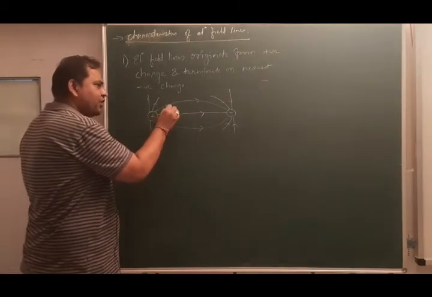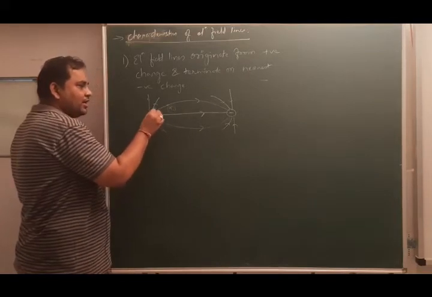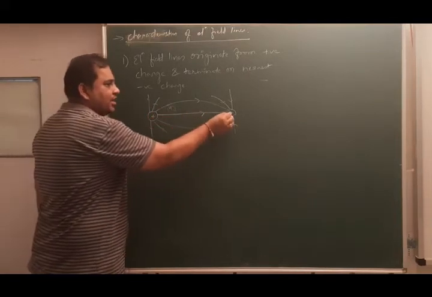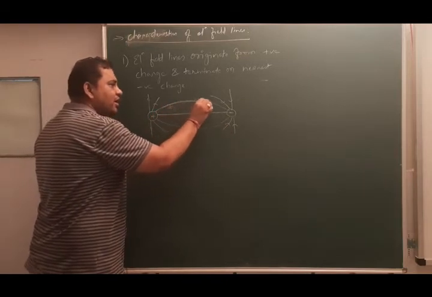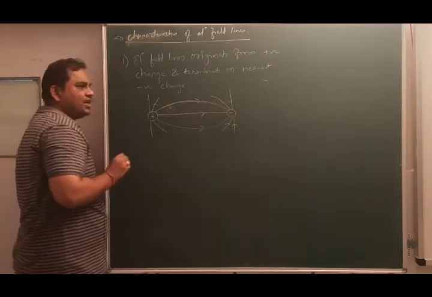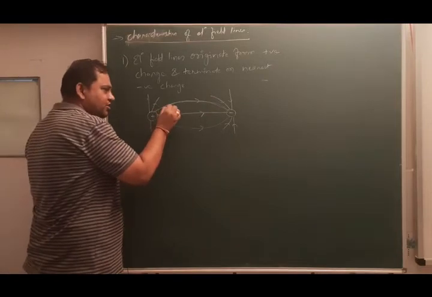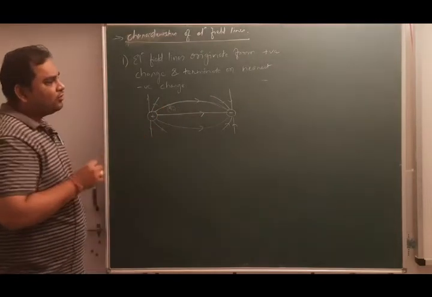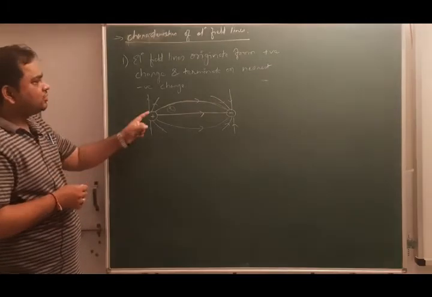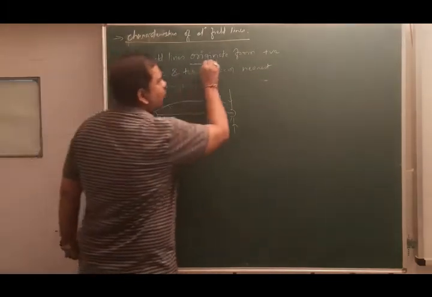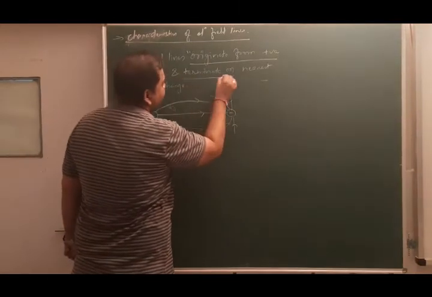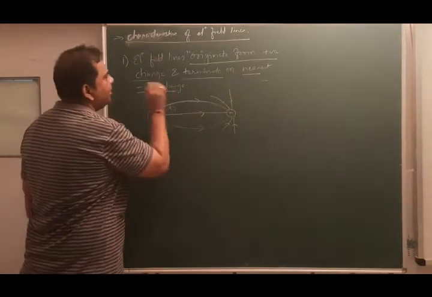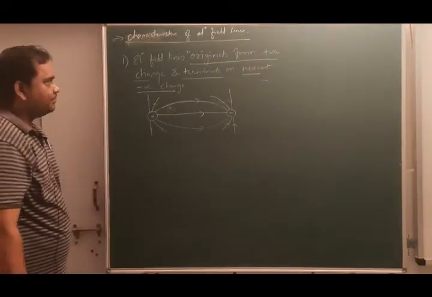If I place a positive charge Q0 over here, it will get repelled from this positive charge, it will get attracted to this negative charge, it will follow this kind of continuous curve and move towards the negative charge. So this path followed by the test charge is known as an electric field line. So the first point: they originate from positive charge and terminate on the nearest negative charge.